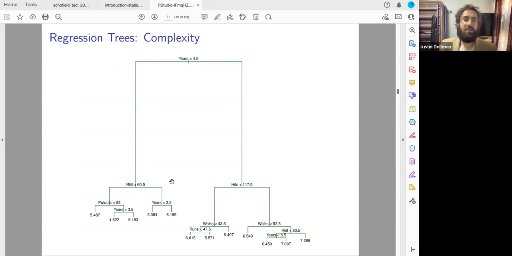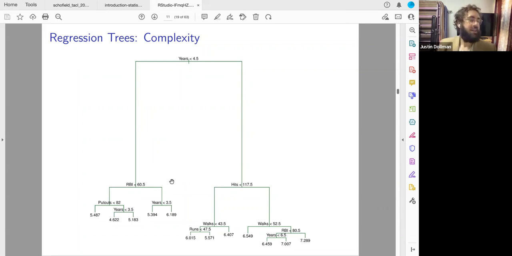To find the best model, we'll get to that in a second, but typically these models are fit until each node has under a certain number of observations in it. So you could say, I want to partition feature space until each node has fewer than 5. That would be a typical way to stop partitioning space.